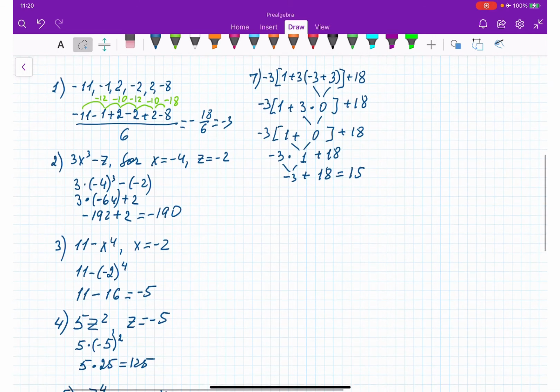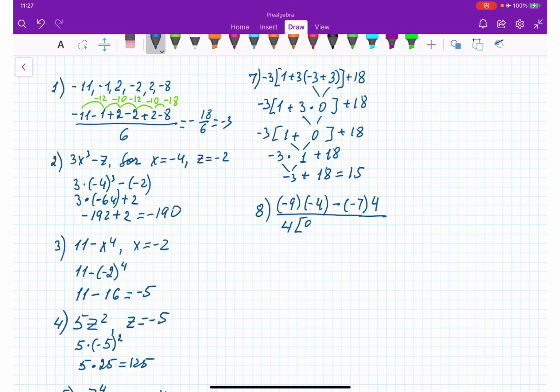Okay. Next, question number 8. We have negative 9 times negative 4 minus negative 7 times 4, over 4 times 9 divided by 4 minus 13.